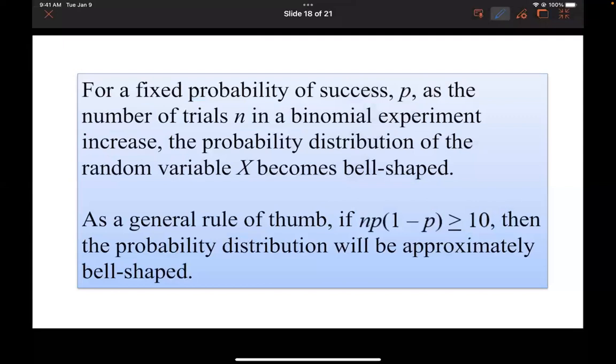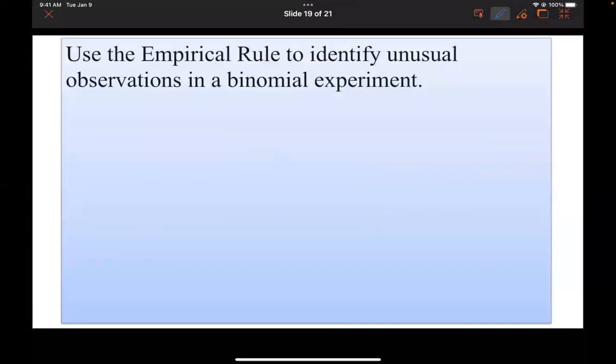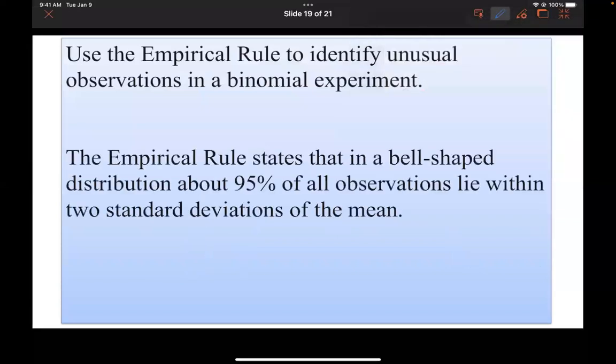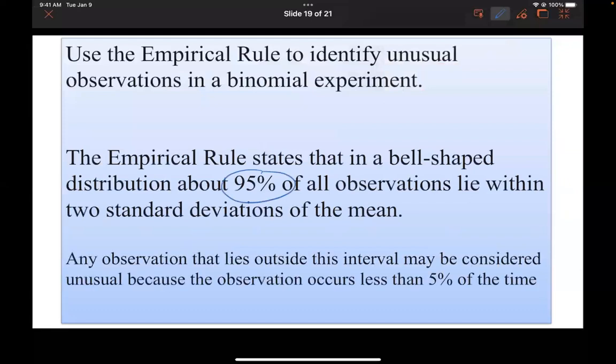We are doing so awesome. So the empirical rule, we know what the empirical rule is, right? Where we draw that pretty little thing and do all of the 68 and 95. So that's the empirical rule. 95% of all observations will lie within 2 standard deviations of the mean.